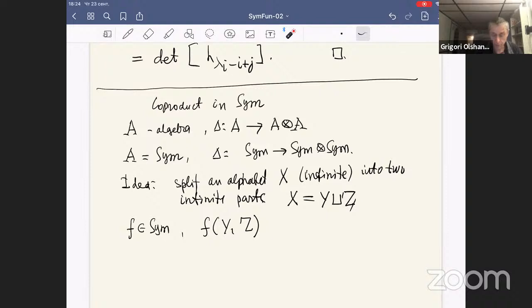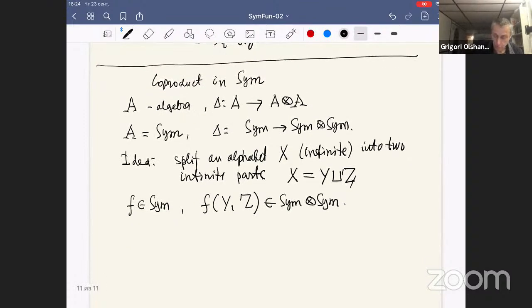From this, it follows that as such an object, it belongs to the tensor product of two copies of symmetric functions. Okay? So we get some map. It is called the coproduct of symmetric functions.